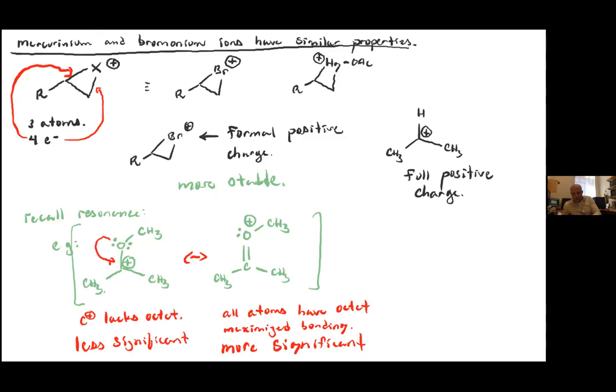And so for this reason, what we say is that when you add the mercury or bromine to an alkene, you do not generate discrete carbocationic intermediates.